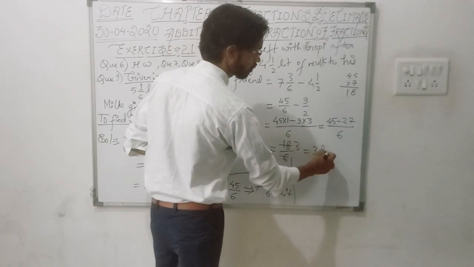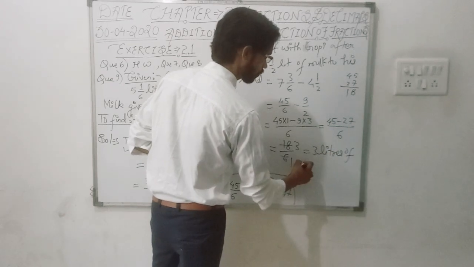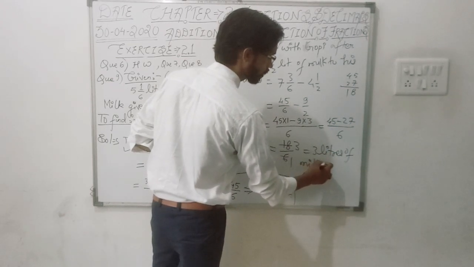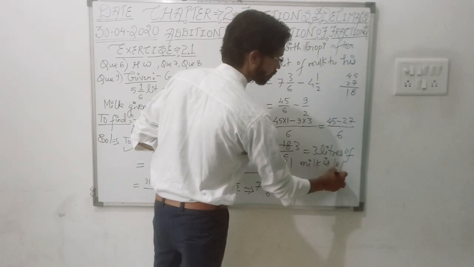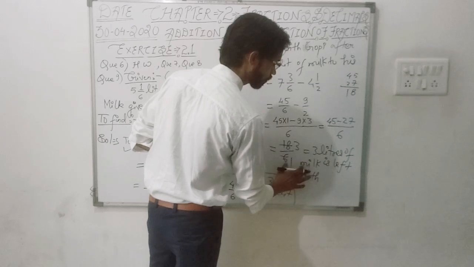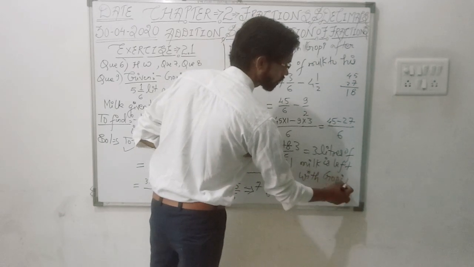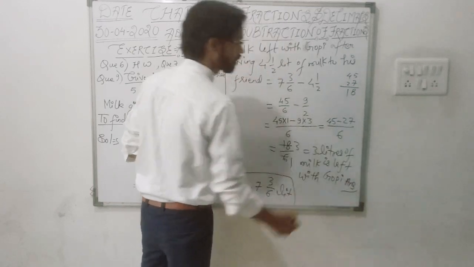That means 3 liters of milk is left with Gopi. This is our answer.